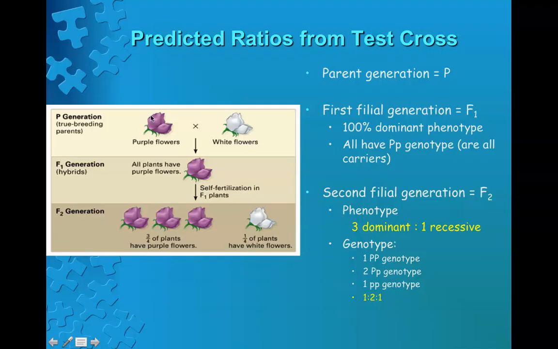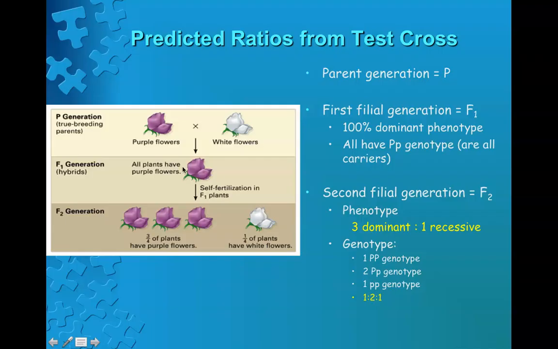If I use them as my parent generation, or my P generation, and mate them together, my first generation of offspring are all going to look dominant if this is traditional Mendelian genetics. And so that's what we talk about as your F1 generation, or your first filial generation, F1. Okay? Filial meaning family. And so your first generation in this type of cross, they're all going to be hybrids or heterozygotes, right?